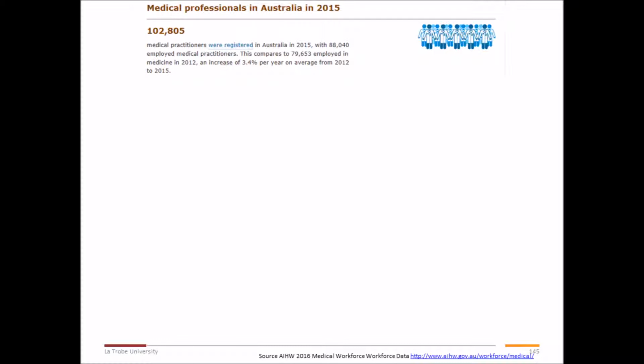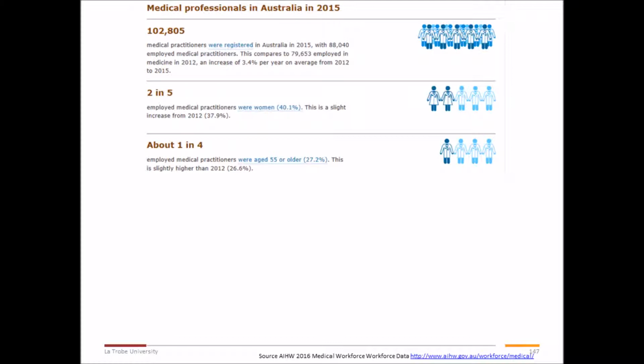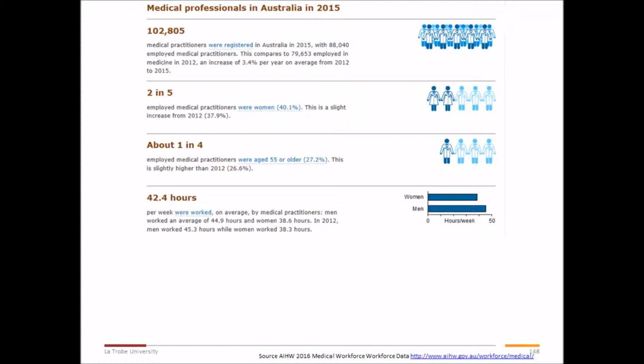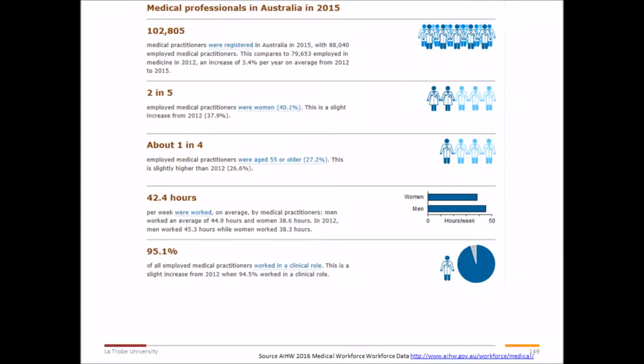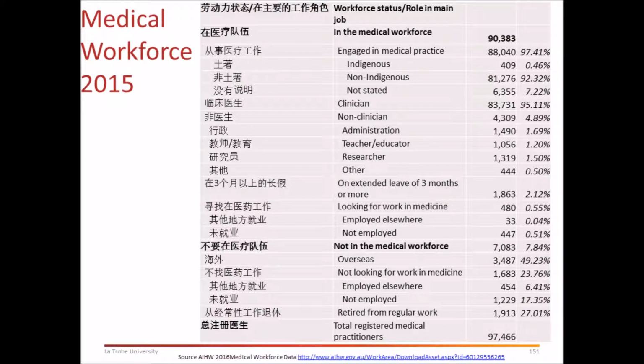There were nearly 103,000 medical practitioners registered in 2015. 2 in 5 are women. 1 in 4 were aged 55 or older, and they work, on average, far more than 40 hours a week. 95% of them work in a clinical role, and we are training about 3,200 students each year.